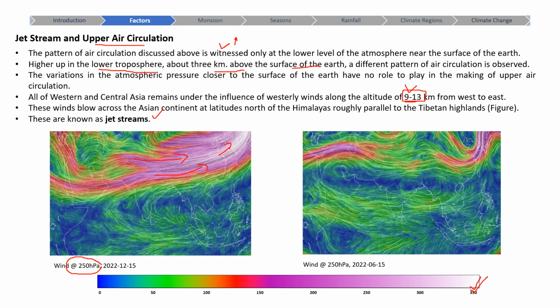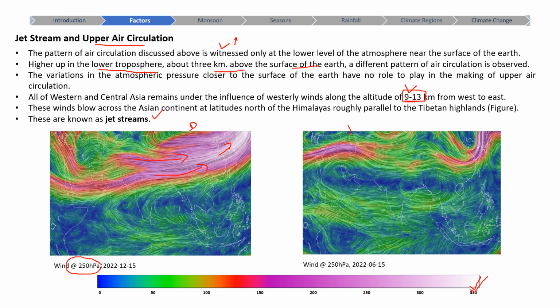Now the question is, why are we studying jet streams when these winds are so high? Do these winds affect our climate? The answer is yes. What is the effect? The jet streams affect our monsoon. As you can see here, this is June and this is December.